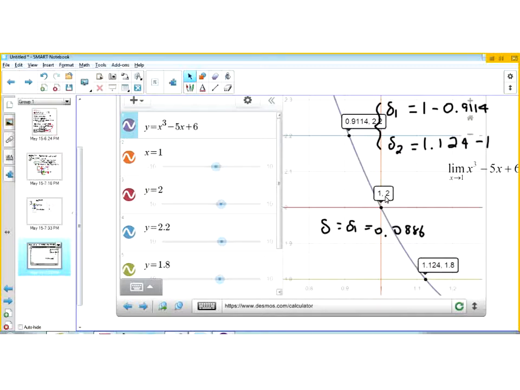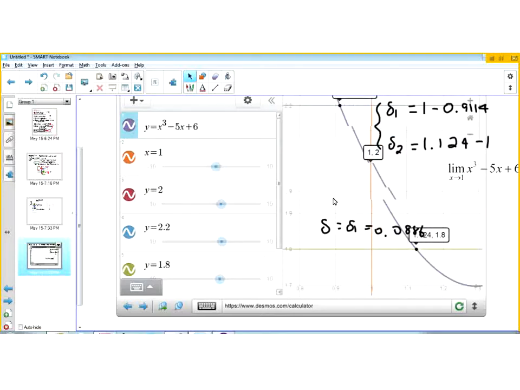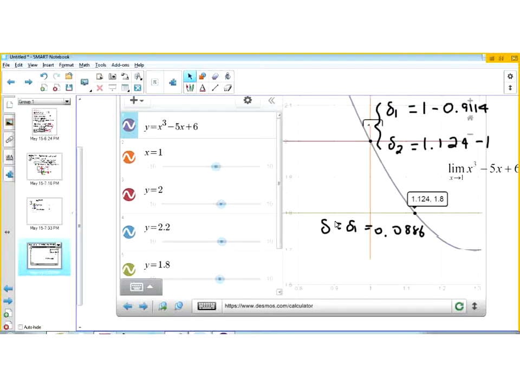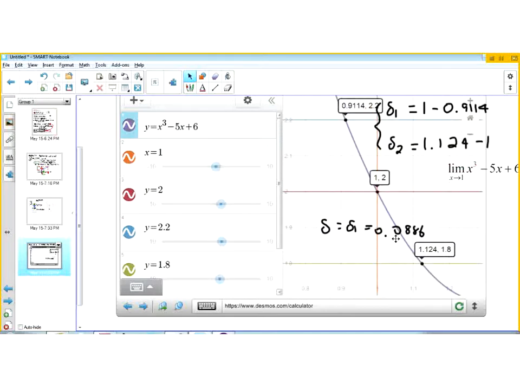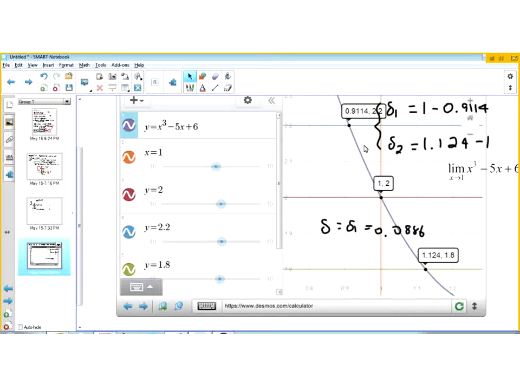So what that means is, if I desire to be within 0.2 units of 2 for this function, then I have to be within 0.0886 units of 1 on either side. If I go outside of that, then I lose my guarantee that I will be within 0.2 units of 2.